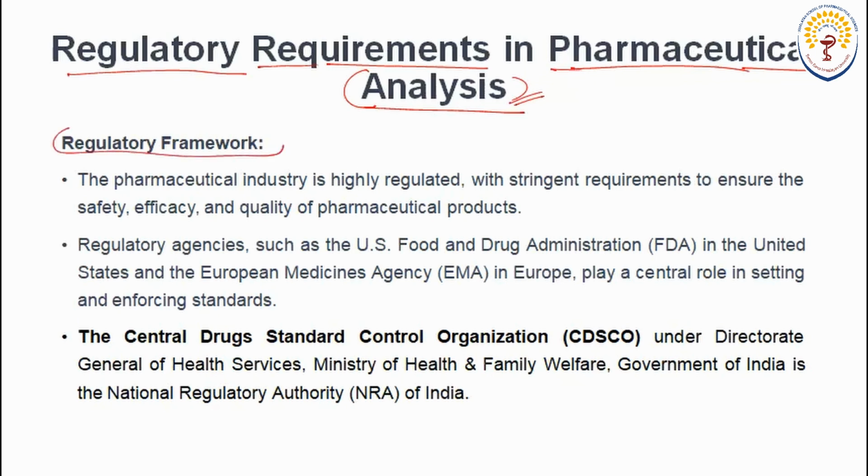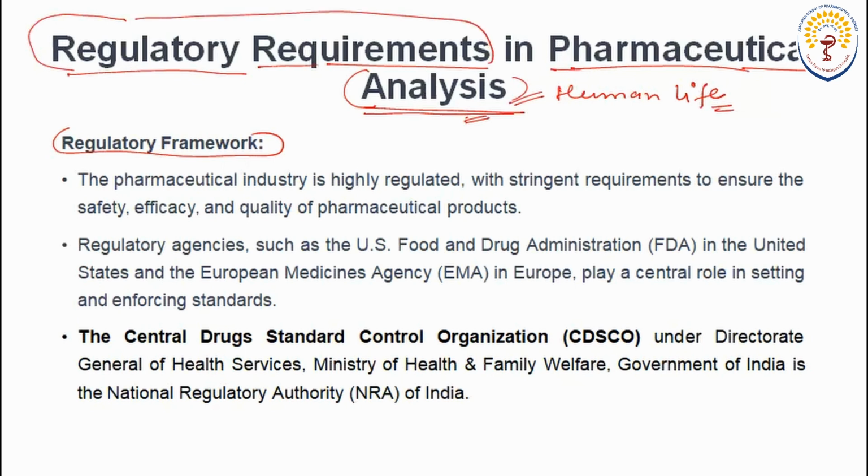Now first of all, understanding the regulatory framework: pharmaceutical products deal with human life, right? A human life is directly associated because he or she is taking those pharmaceutical products as medicine to cure a disease. As the product is going inside the body of a person, that product should be extremely safe, and to ensure safety we have some guidelines which are called regulatory requirements.